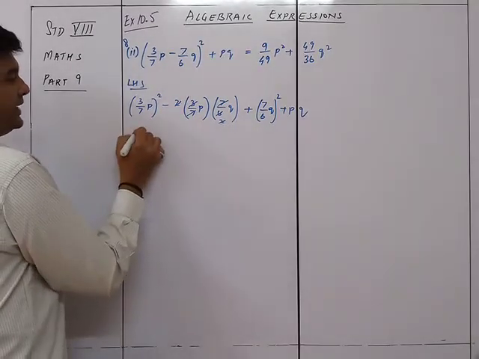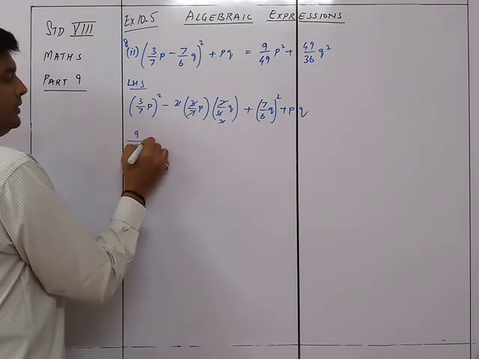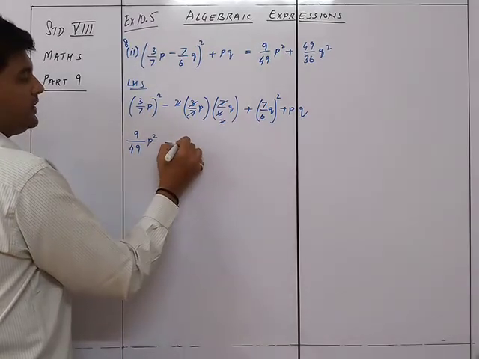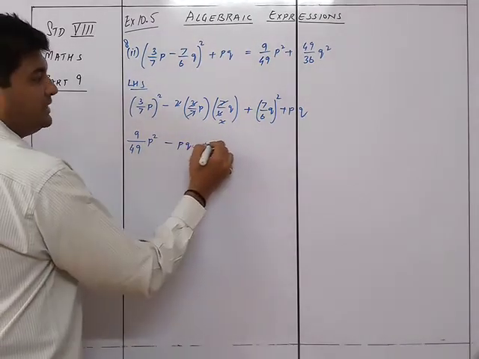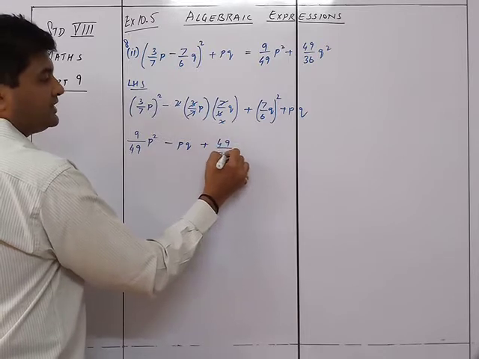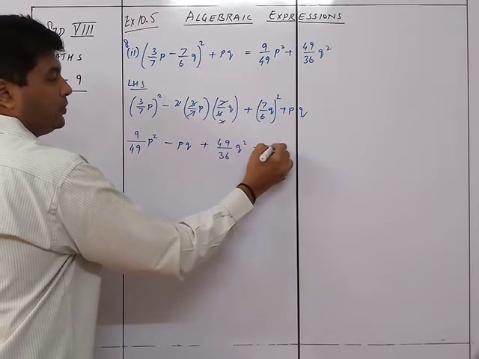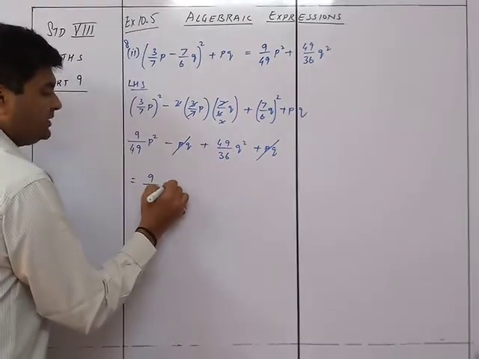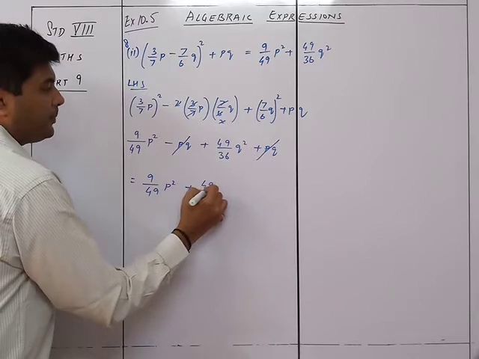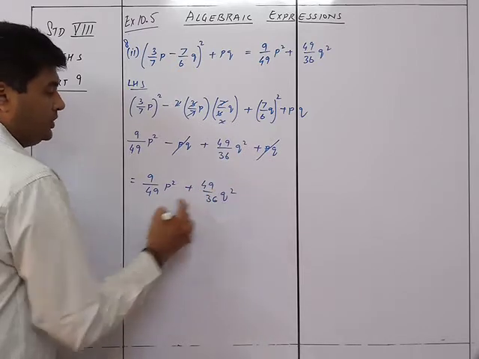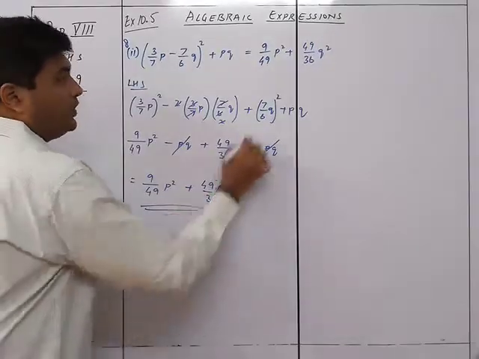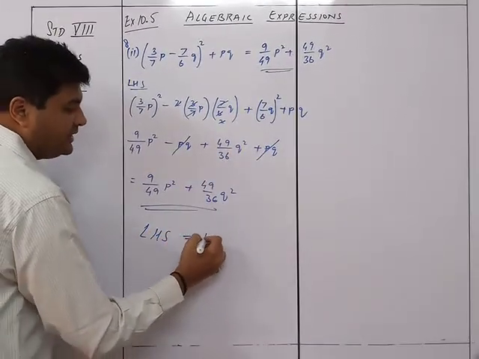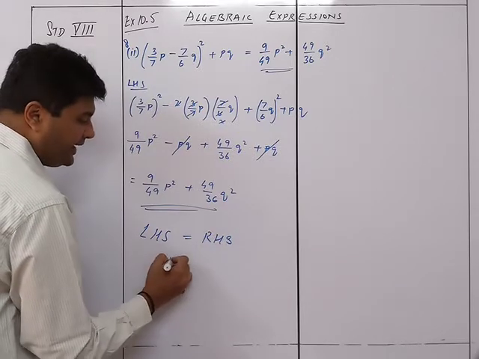What remains is 9 upon 49 p square, here it is minus pq, plus 49 upon 36 q square plus pq. Now minus pq and plus pq get cancelled. So it is 9 upon 49 p square plus 49 upon 36 q square. You can see this is the same as what you have over here. Therefore LHS, that is left hand side, is equal to right hand side, hence proved.